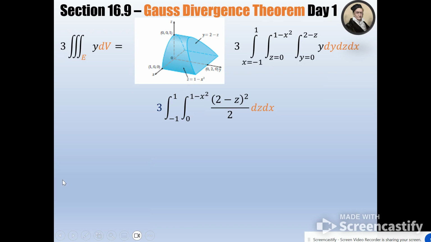So as you can see, I already have the first line up where I integrated. I got y squared over 2. And then I was plugging in y equals 2 minus z, and then y equals 0. And that's what I got. Now I'm going to integrate that with respect to z.